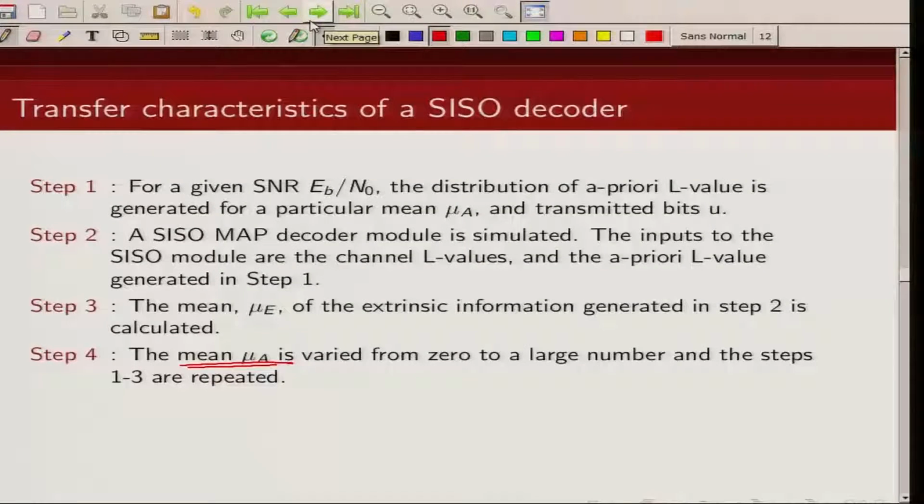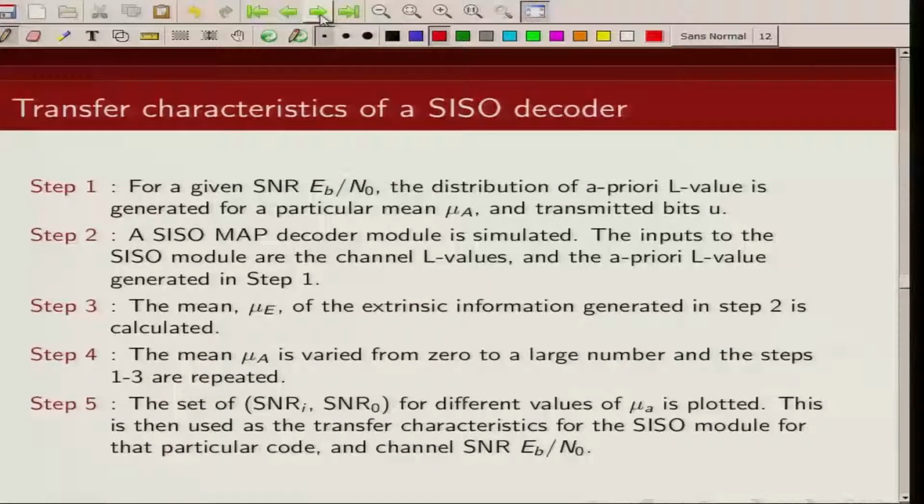So, this process is done. We repeat this by varying our a priori information mean, and finally, what we do, we plot this input output relation for a particular channel SNR.